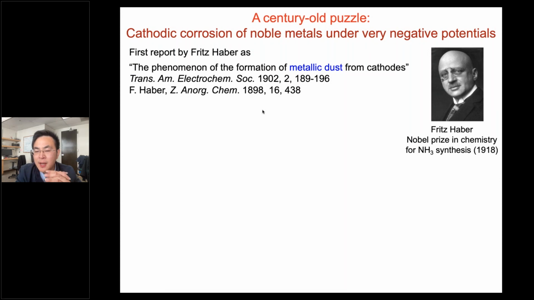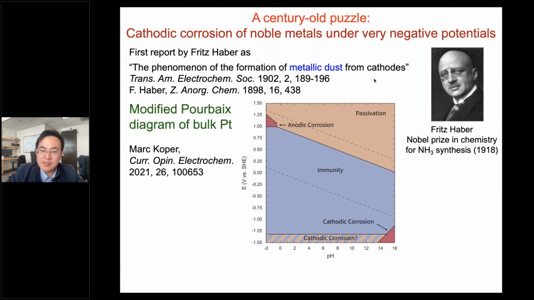If you simply connect a platinum wire to the negative electrode of a battery, you can see particles falling off from the electrode surface. Back then, this was studied simply by analyzing the mass loss from the cathode. Since then, this field has been pushed by Professor Mark Koper from the Netherlands, and they are now providing a better understanding of this intriguing process.